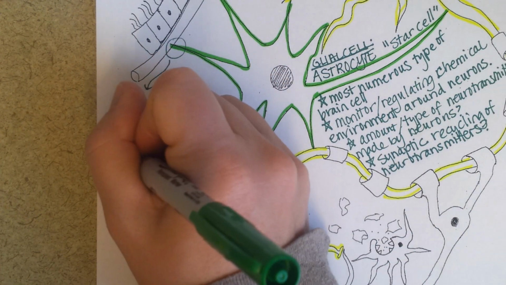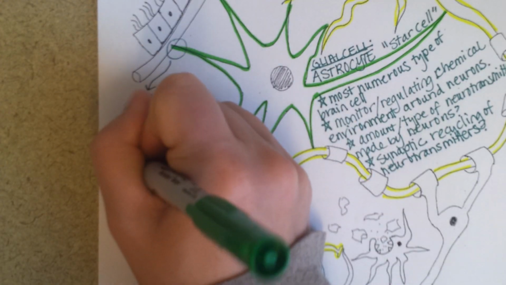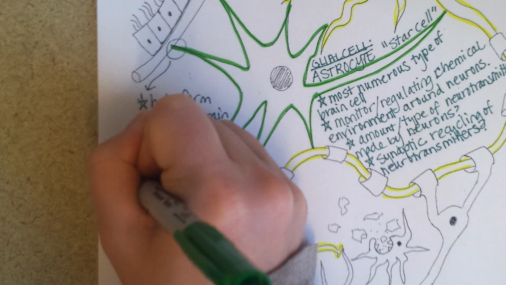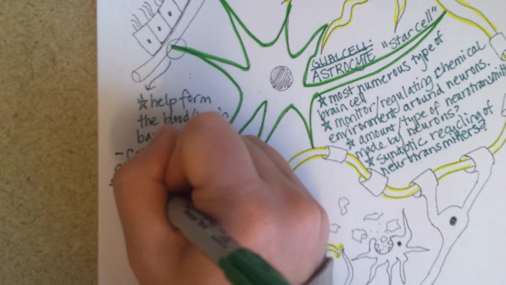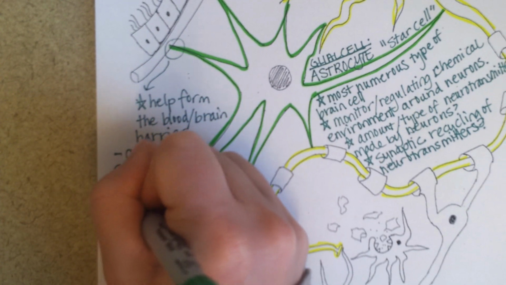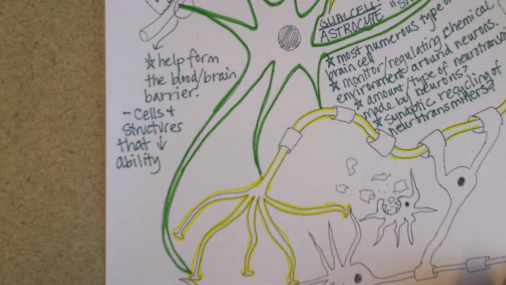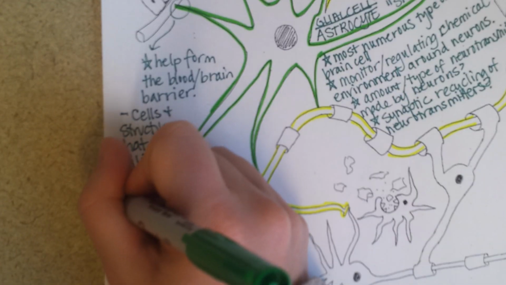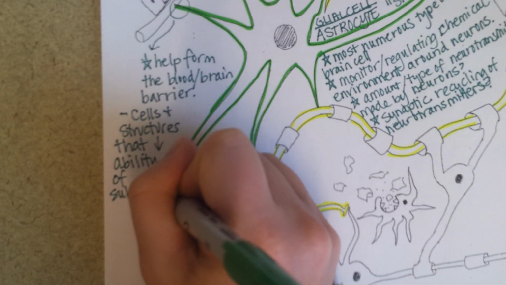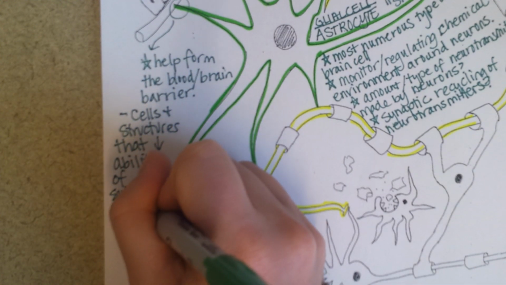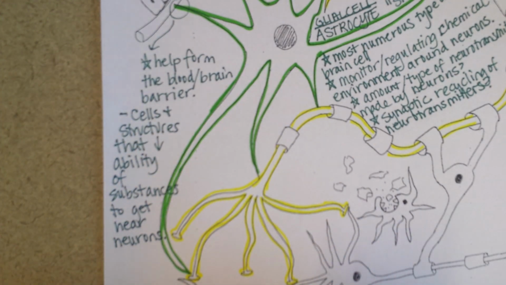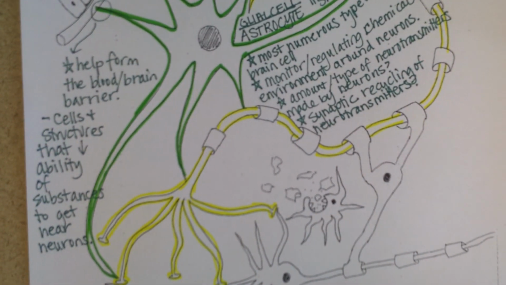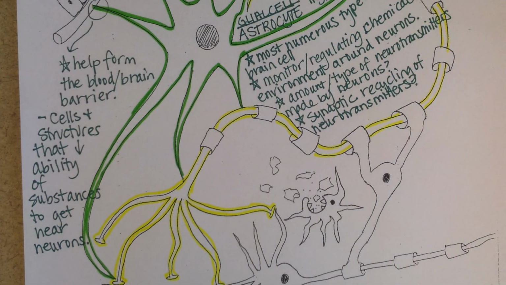Basically what the blood-brain barrier is, cells and structures that decrease the ability of substances to get to the neurons. It protects them. So if you have poison in your blood, hopefully that poison won't be able to get to your neurons. And that's the blood-brain barrier.